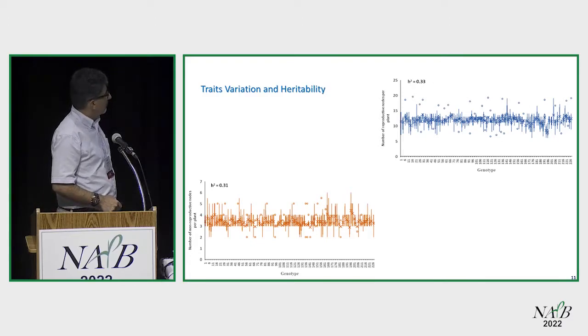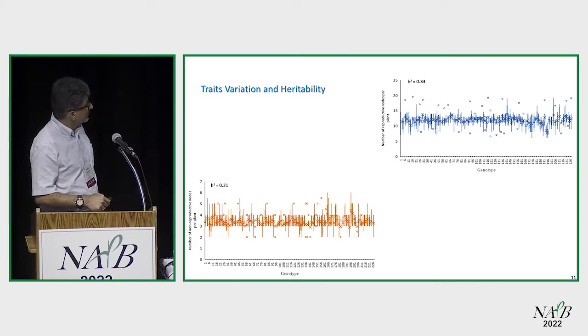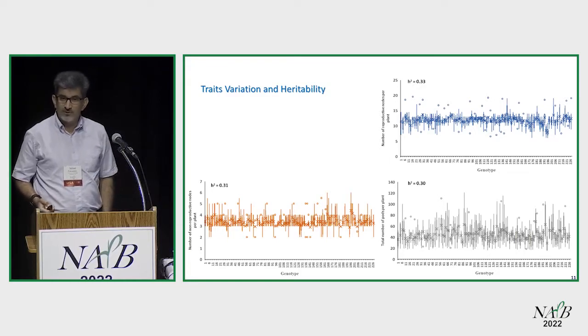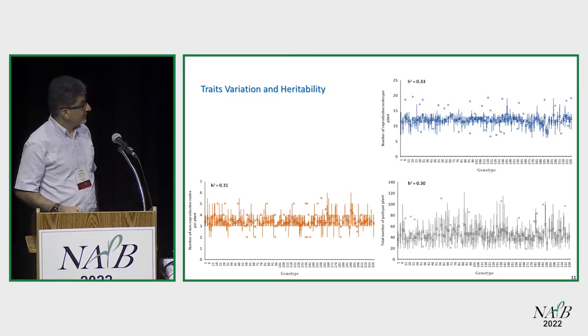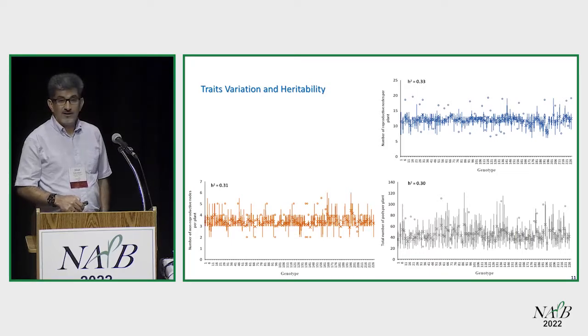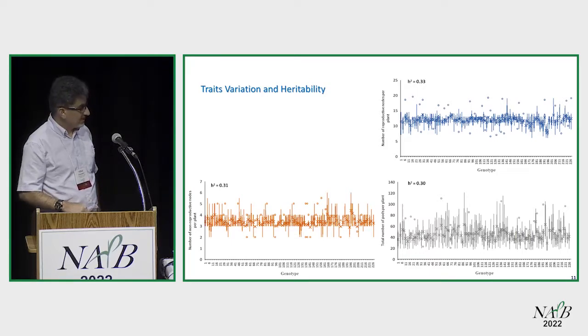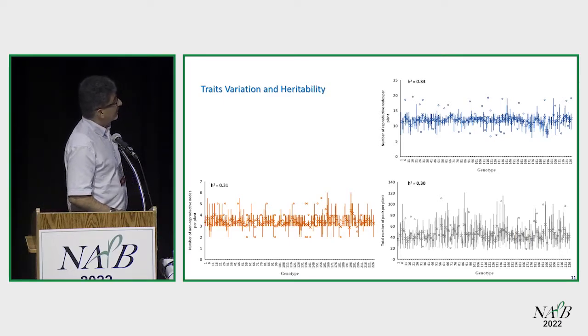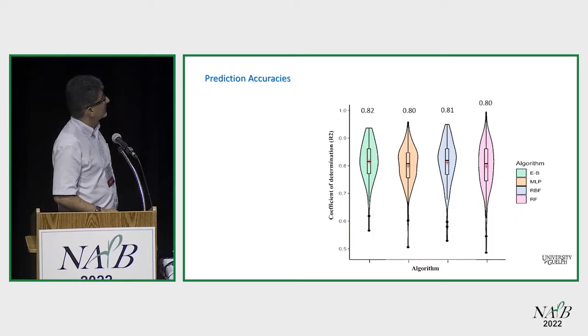The number of non-reproductive nodes has 31% broad-sense heritability and some variability. The last trait is number of pods per plant, which is the most important component for yield in soybean. Unfortunately, its heritability is higher than yield but its variability is high, and you will see later the effect of that on our analysis, at least from my perspective.